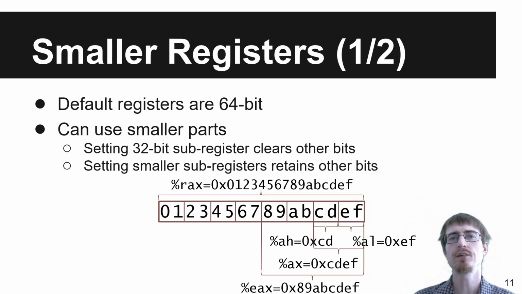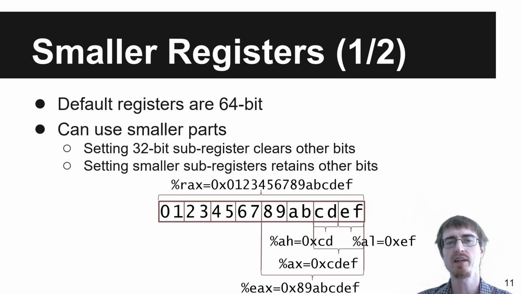So, the default registers, the general purpose registers that I discussed, are 64-bit, because we have a 64-bit machine. But of course, Intel would not be Intel if there weren't a lot of legacy. And for these legacy reasons, and also because they are often convenient, we also have smaller registers. And these smaller registers are actually part of the larger registers, which means that if you change the smaller register, the larger one also changes, and vice versa.